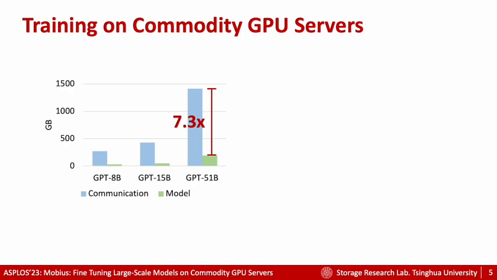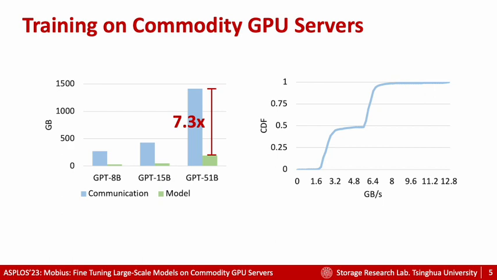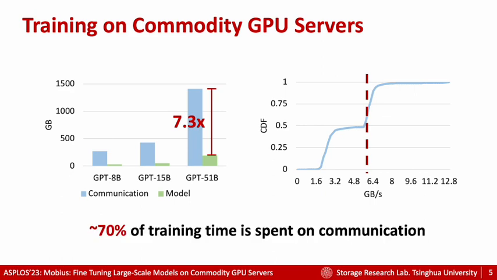For communication contention, when training the 15 billion model, most data communication of DeepSpeed only reaches 15% of the maximum bandwidth of the GPU root complex. The breakdown shows that communication bottlenecks 70% of training time.